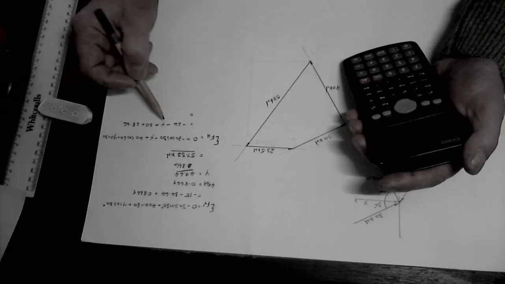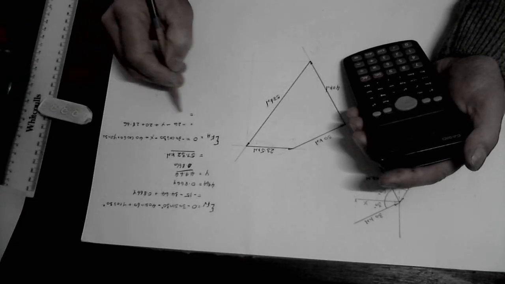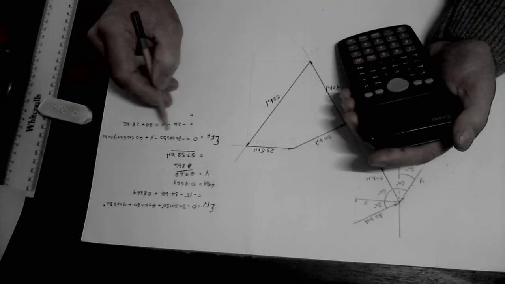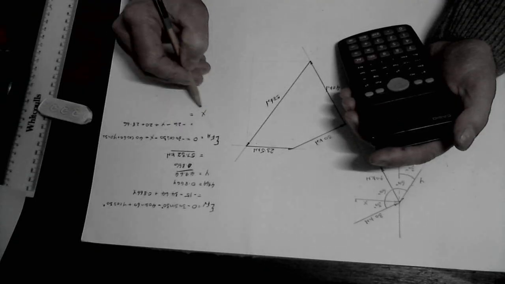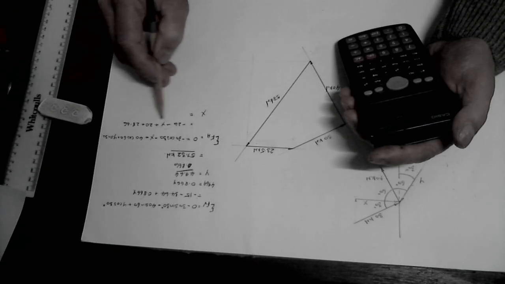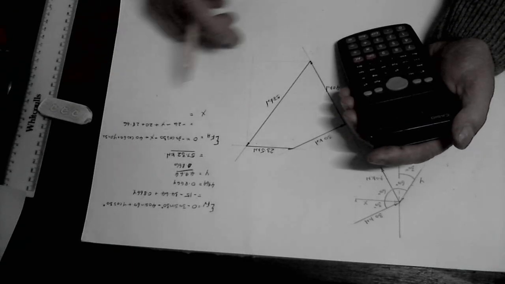So we can just do the maths and leave it with minus x, or we can take that x and put it over here, and that way we can also determine it. So it creates a positive number, which is useful.